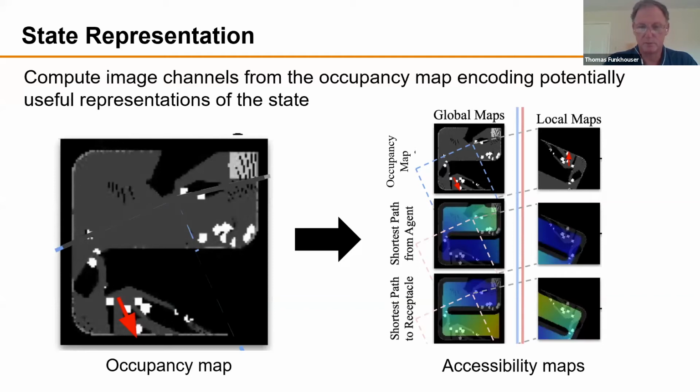And so we'll perform that on the pixels of the occupancy map to produce channels that are part of our state, which are estimated shortest path from our agent to each position in the map, and shortest path from the receptacle to each position in the map, which we believe are going to be channels that are useful to the system.